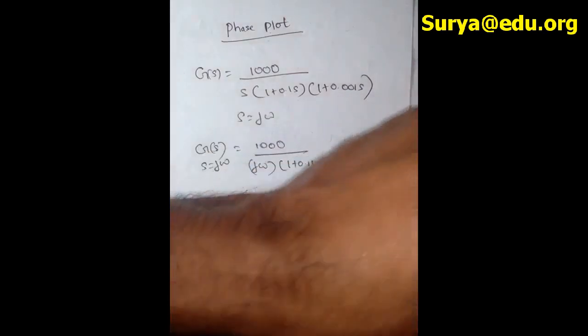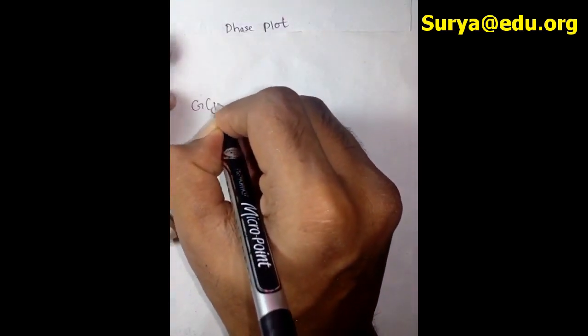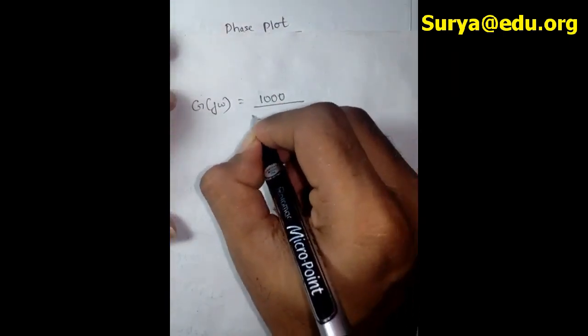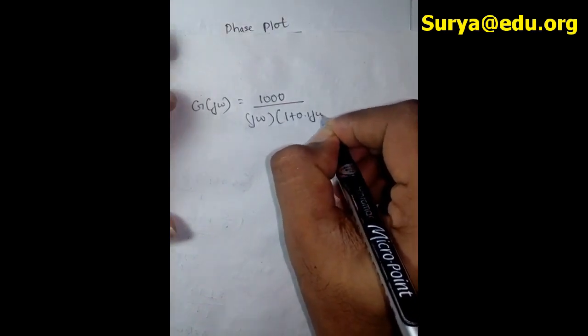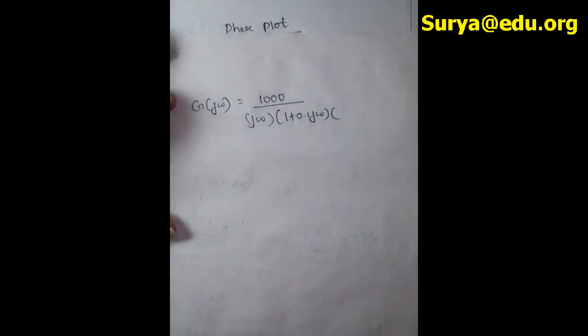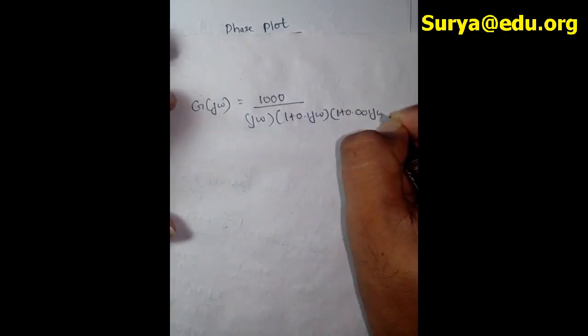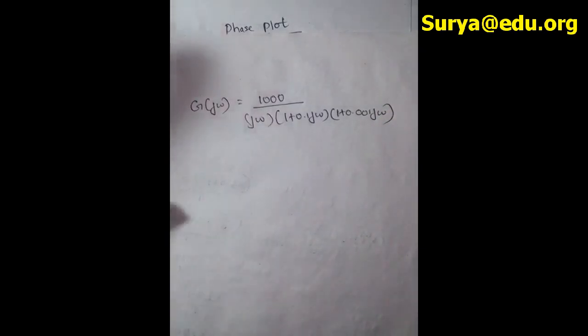As you know, G(j omega) equals 1000 divided by j omega times (1 plus 0.1 j omega) times (1 plus 0.001 j omega). This is our transfer function, so what is the phase plot? It's very easy.